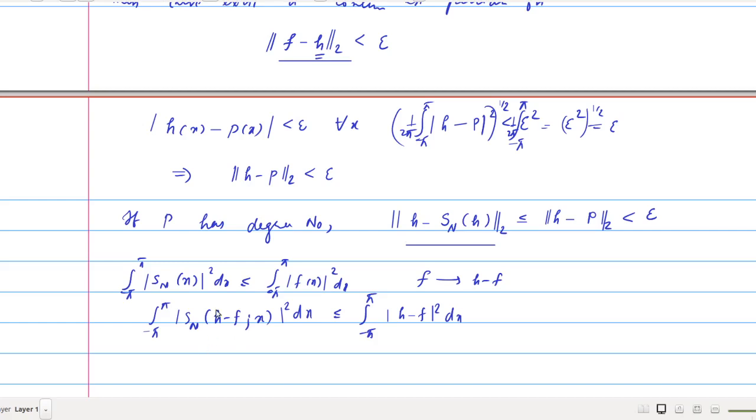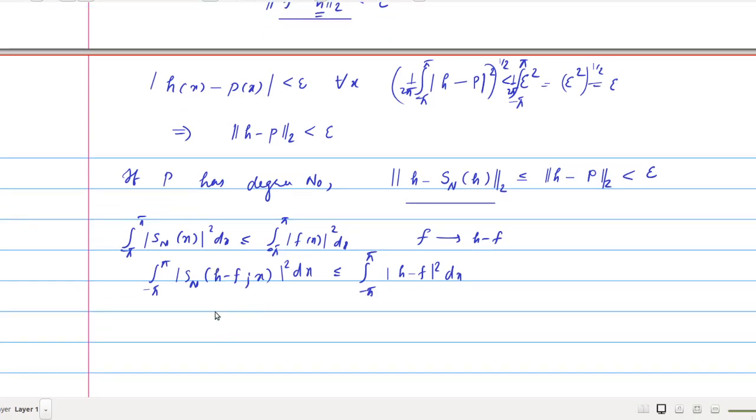Consequently, by taking the power 1 by 2 on both sides, we have the norm of the difference Sn h minus Sn f with respect to the 2 norm, which is the same as the norm of Sn of h minus f, which is less than or equal to the 2 norm of h minus f.